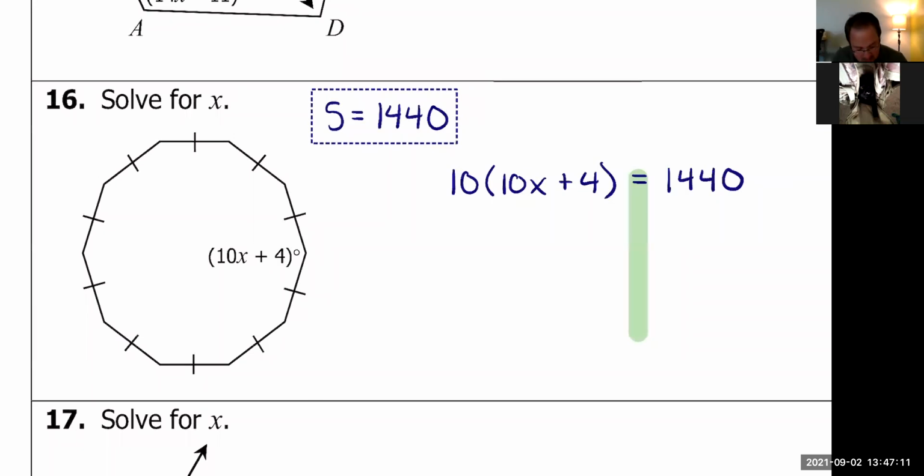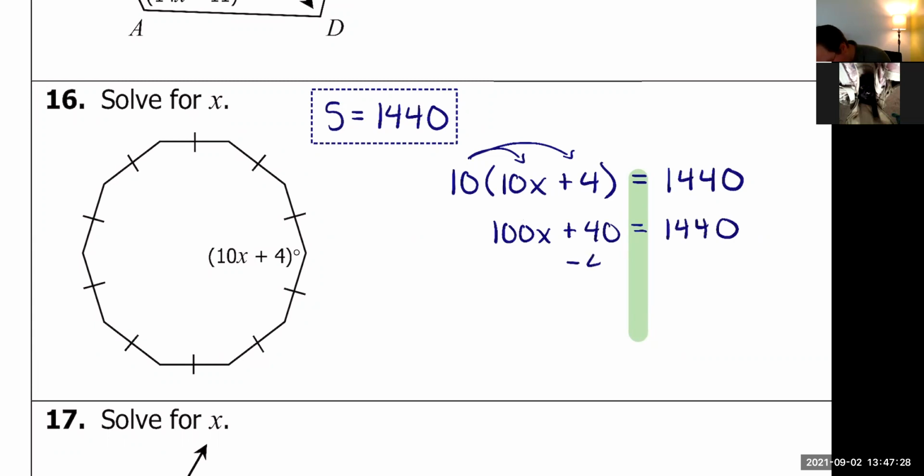It's up to you. Do you want to distribute or divide? Distributing here wouldn't be too crazy. I'd get 100x plus 40 equals 1440. To finish solving, I'd subtract 40 from both sides. 100x equals 1,400.